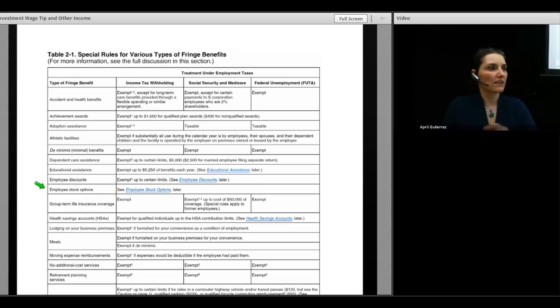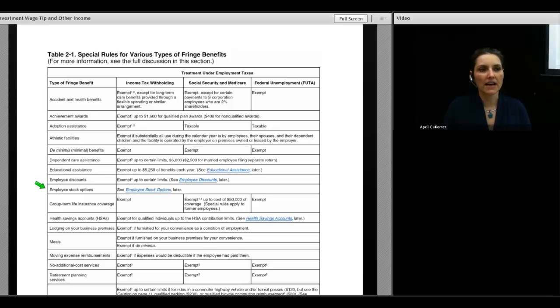There are qualified and non-qualified stock options, and the qualified options tended to be issued more in the 90s. These days, in the 21st century, we see more non-qualified options, or we see other things like restricted stock units or employee stock purchase plans. And all of those quasi fall into this definition of employee stock options.